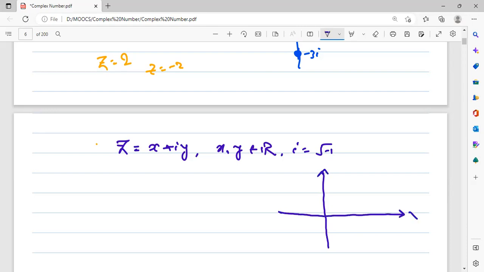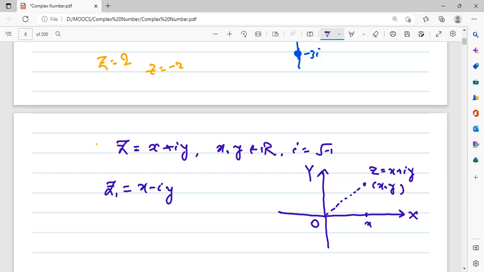This is our real axis, and this is our imaginary axis. For our convenience, I will take this point (x, y). Here, for this complex number, I will take another number and denote it as x minus iy.